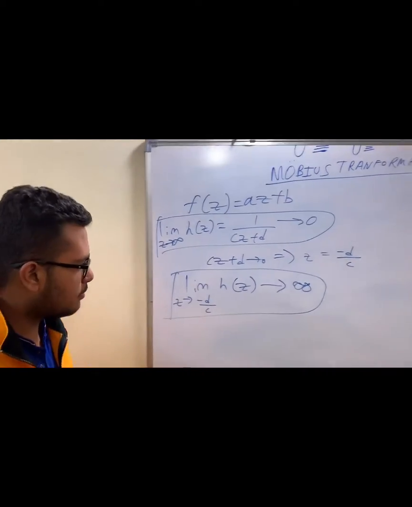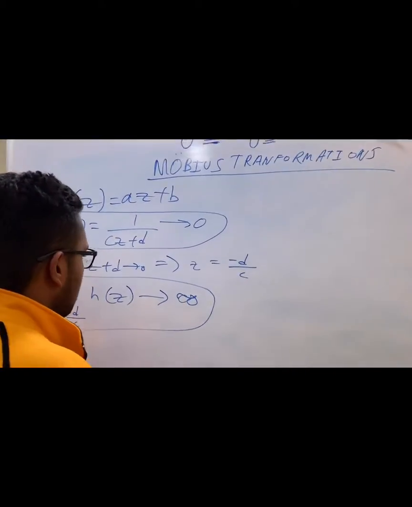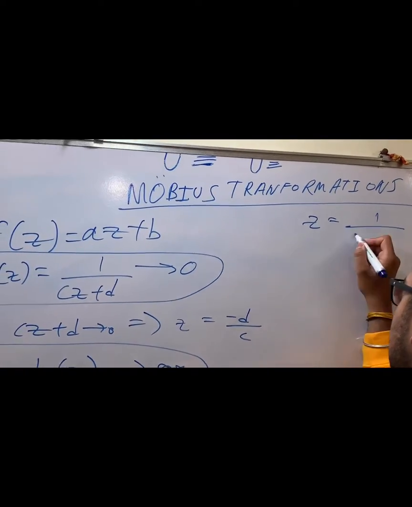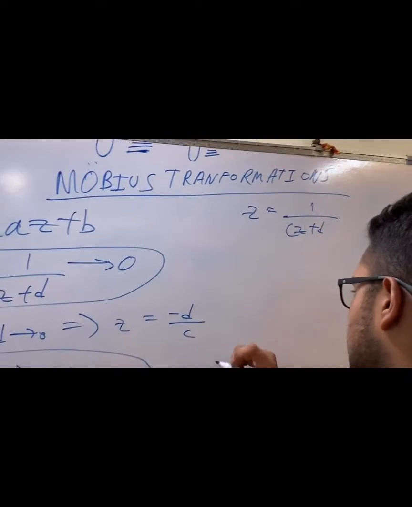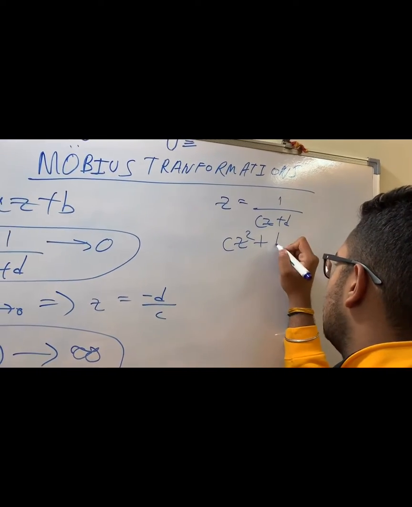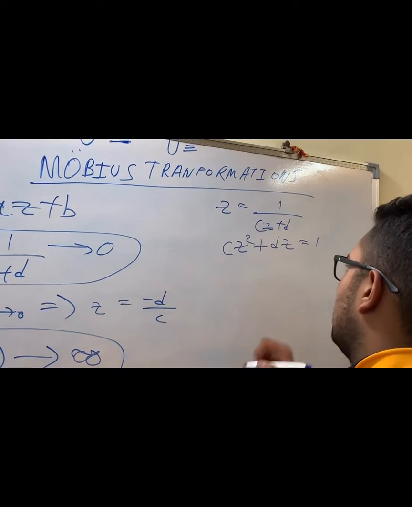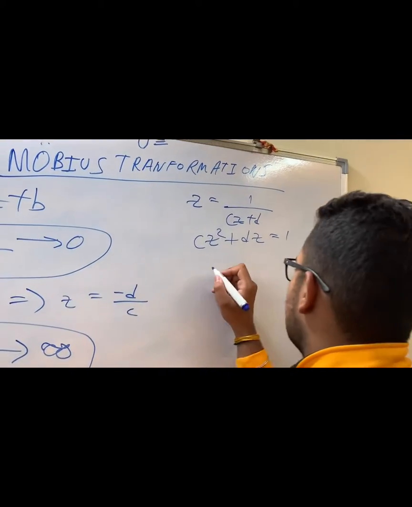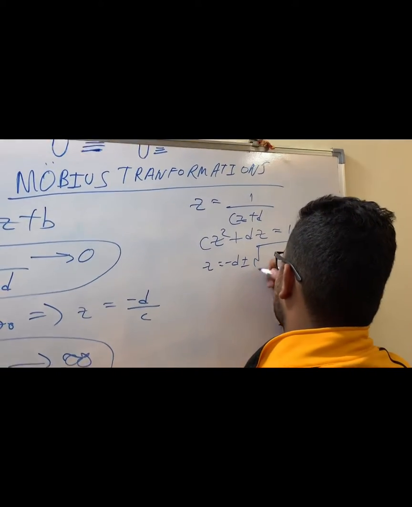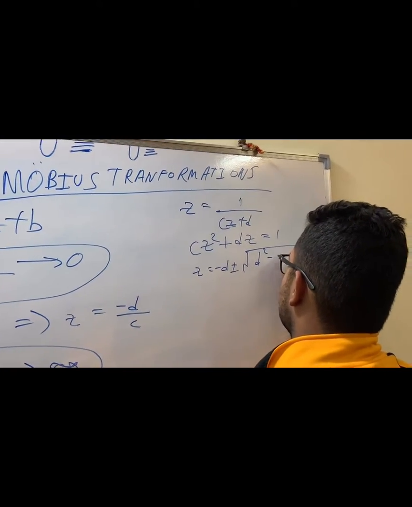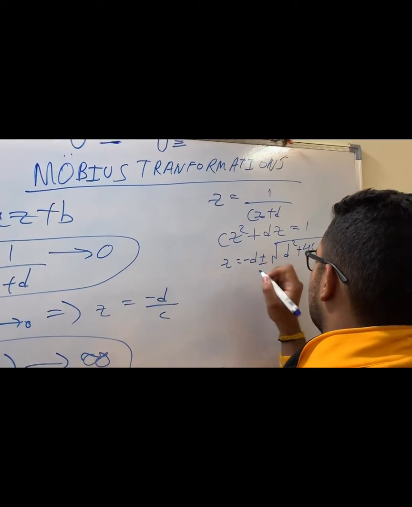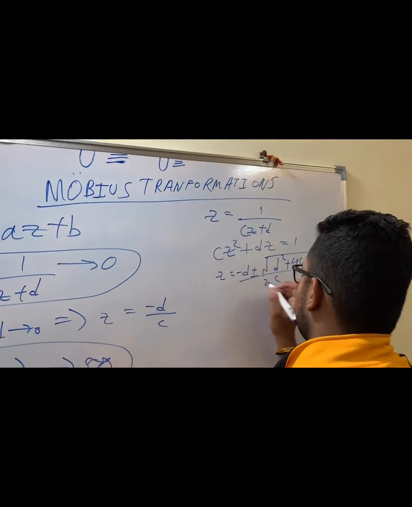Talking about its fixed points, the fixed points of this map will be given by this equation over here, which is a simple quadratic equation: cz squared plus dz equals 1. And that will give z equal to minus d plus or minus the root of d squared plus 4c, over 2c.